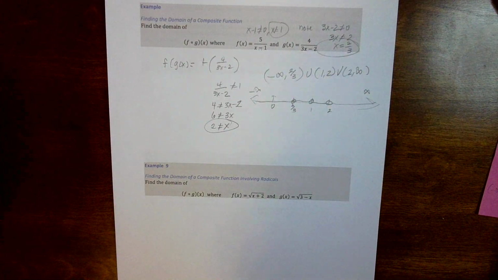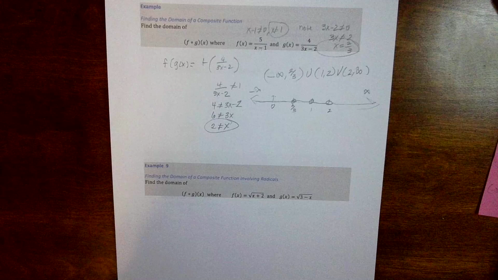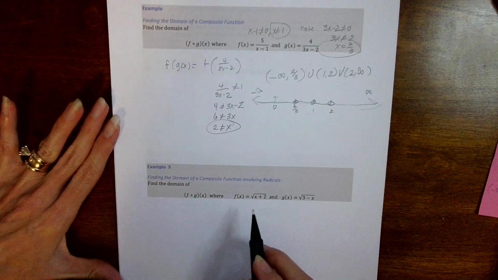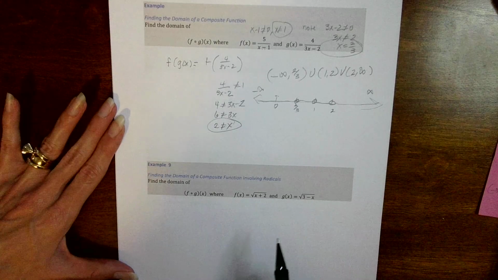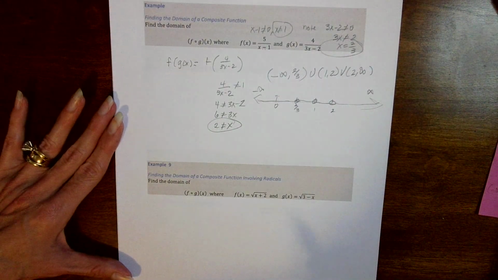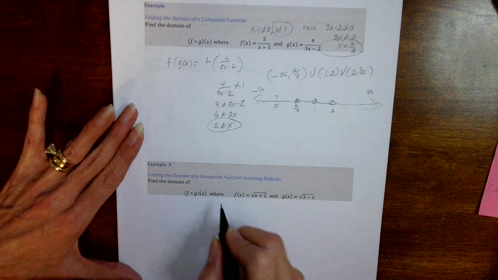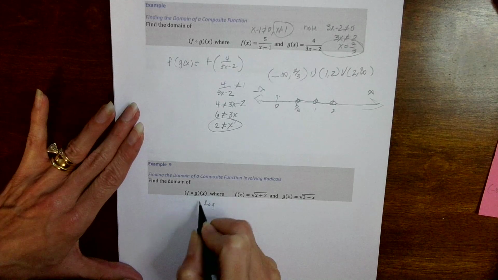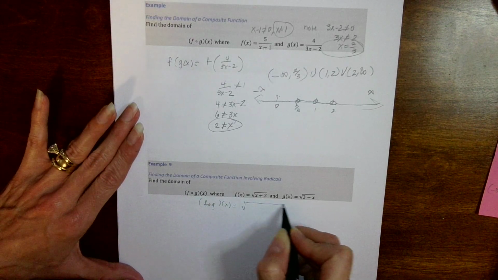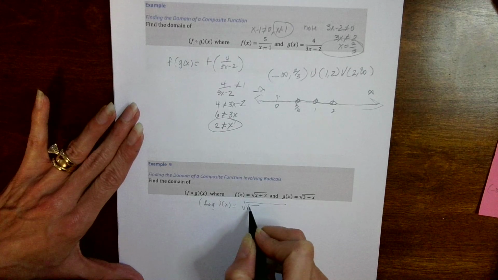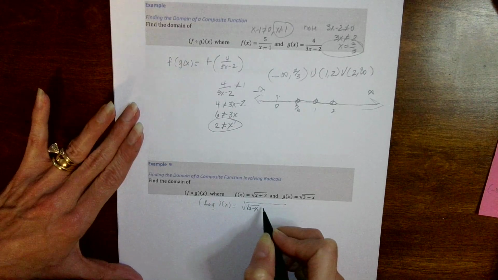So now we have find the domain of f composed of g of x, where f of x is the square root of x plus 2, and g of x is the square root of 3 minus x. So if I was going to find the composition, it's the square root of the square root of 3 minus x, plus 2.